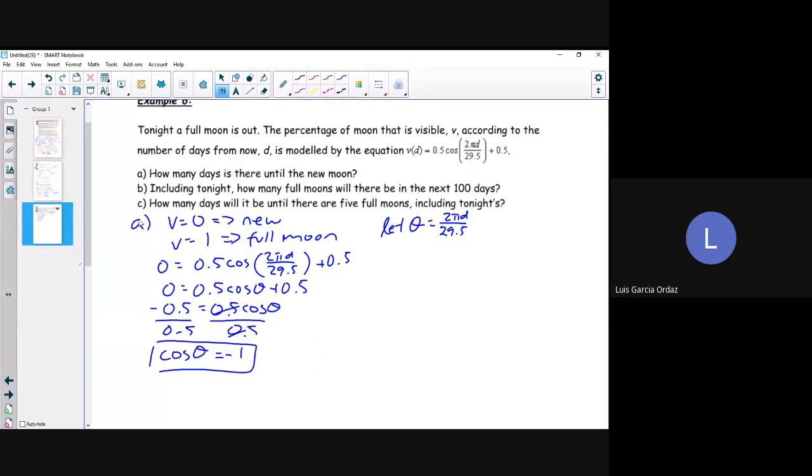So at what theta value is cosine negative 1? Pi. So theta is equal to pi or 3 pi or 5 pi and so on.